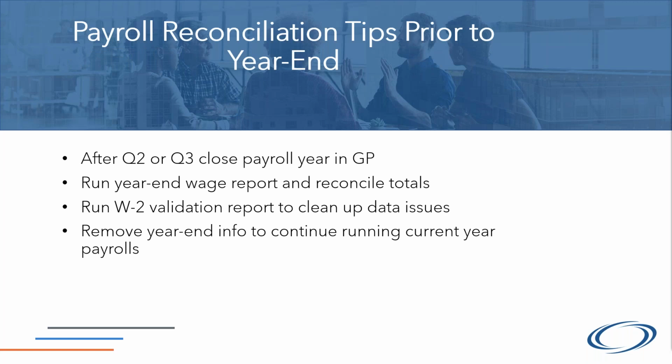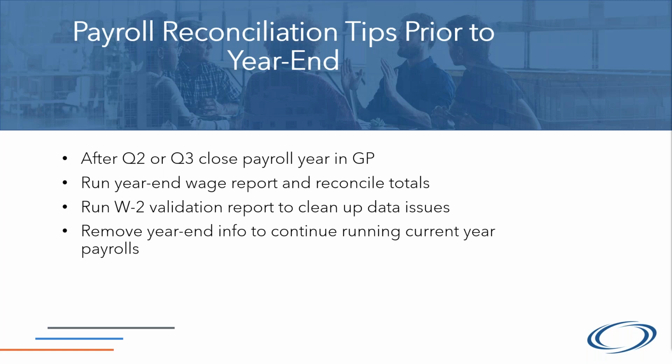I've had a lot of customers in the past do this after the close of either Q2 or Q3. Closing the year in GP. So you can close the year in GP throughout the year, even though you're still in current year processing payrolls, just to see what your data looks like. And this is a good time to do it.